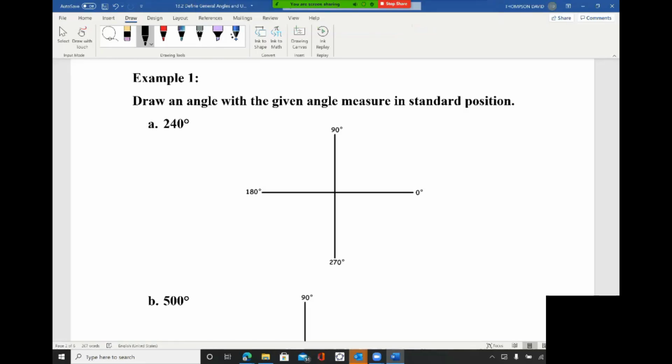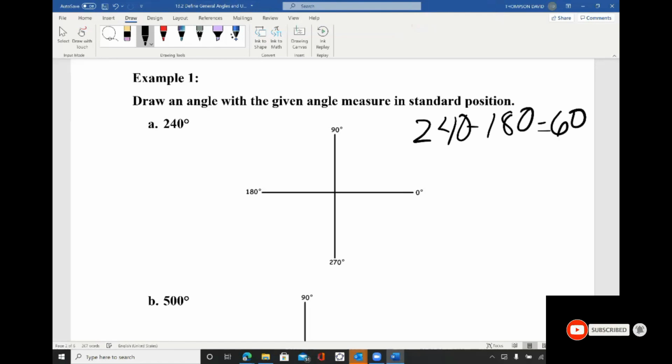Example 1. Draw an angle with a given measure in standard position, 240 degrees. So first take note, we start at 0, then we go to 90, then we have 180, and we see 270, but we don't quite see 240. 240 is between 270 and 180, so we do 240 minus 180, that is 60.